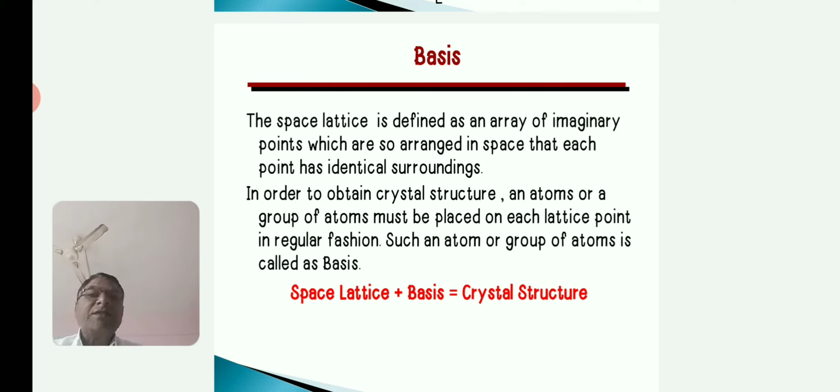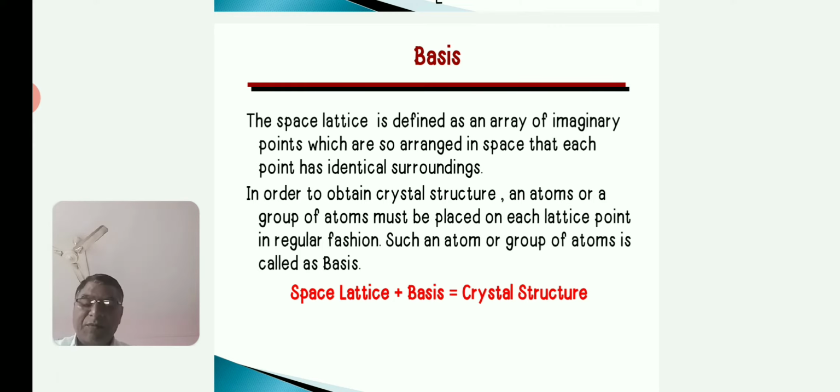The crystal structure is always described in terms of atoms rather than points. Thus, in order to obtain a crystal structure, an atom or group of atoms must be placed on each lattice point in a regular fashion. Such an atom or group of atoms is called basis.